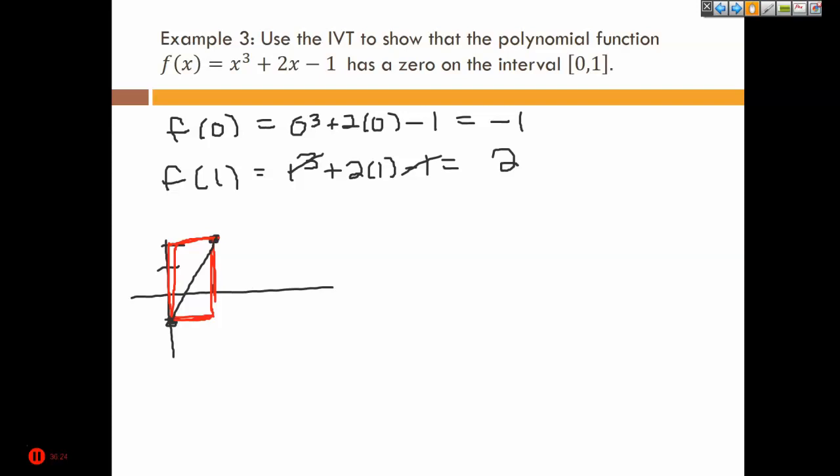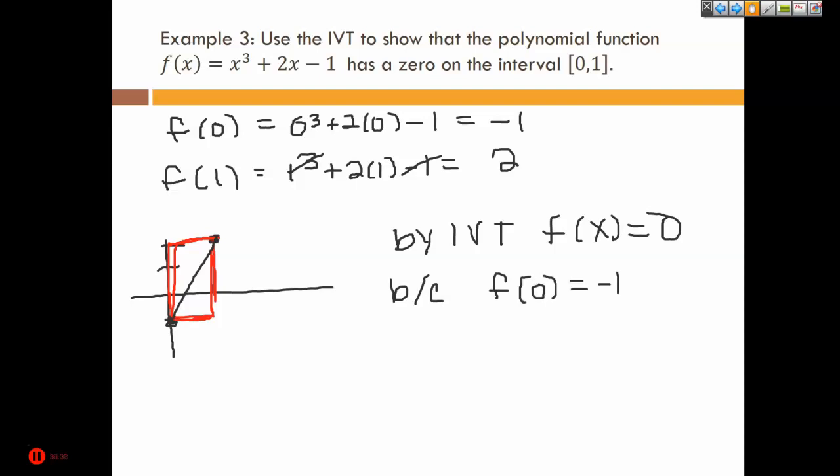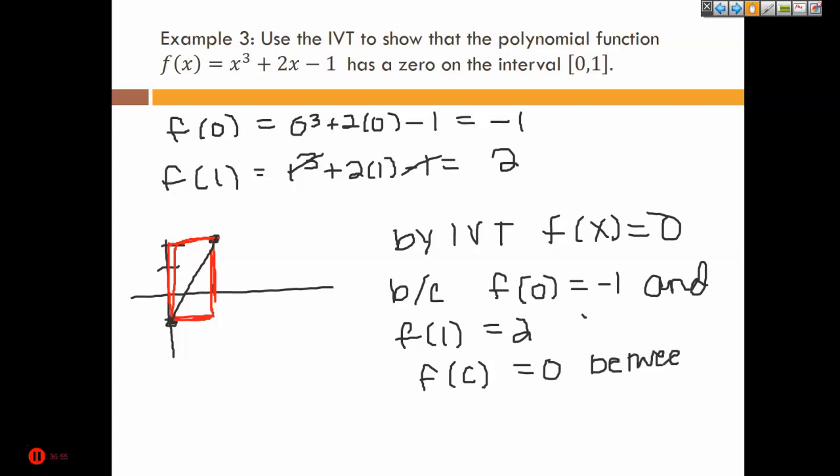We would say that by IVT, f of x equals 0 because f of 0 equals negative 1 and f of 1 equals 2. Therefore, f of c will equal 0 between them.